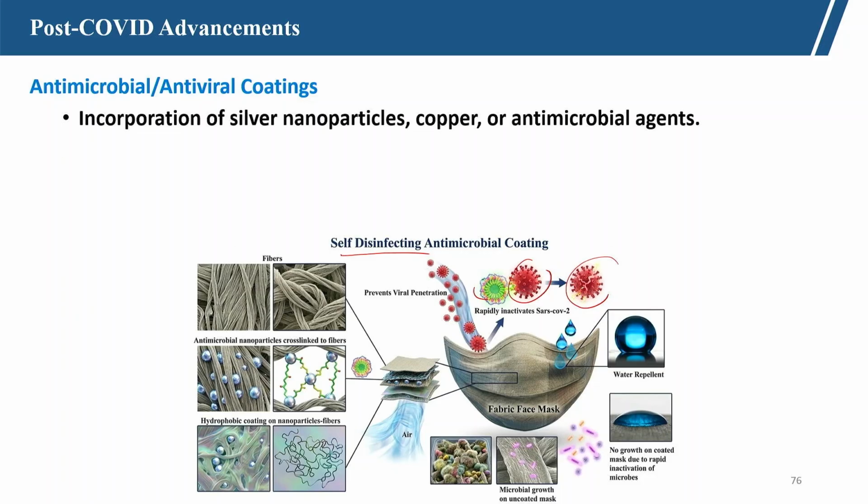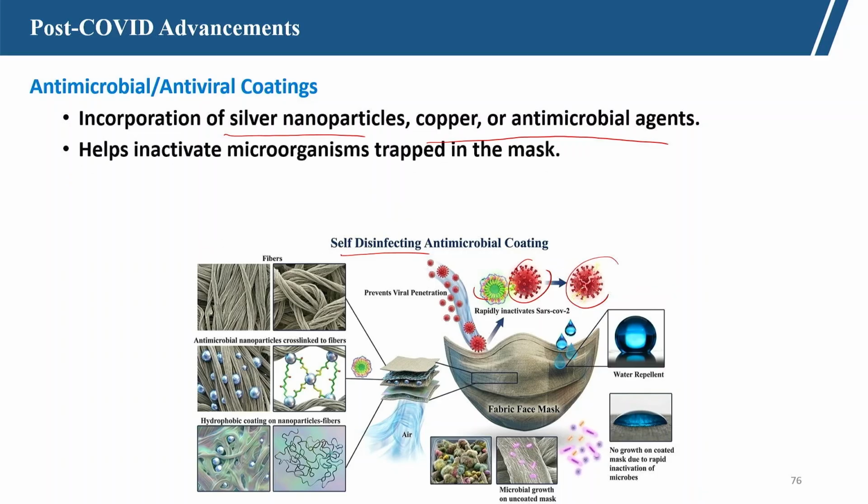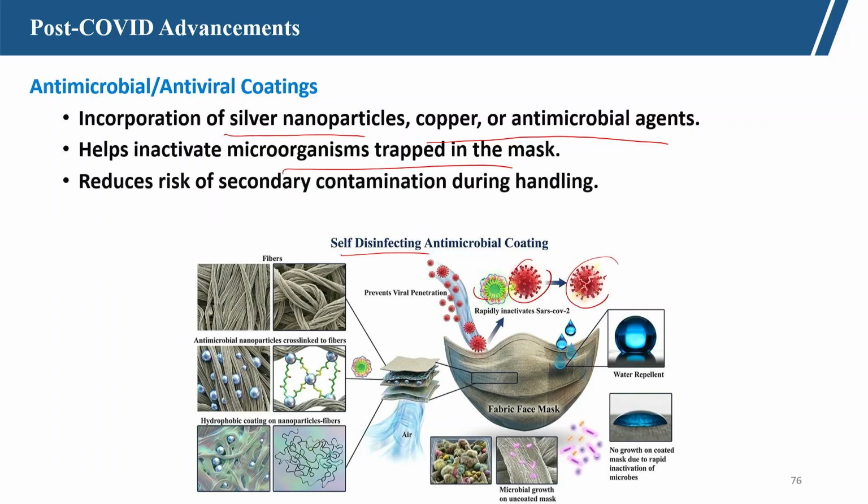Incorporation of silver nanoparticles, copper or other antimicrobial agents helps inactivate the microorganisms and trap them in the mask, reducing the risk of secondary contamination during handling as they are inactivated.